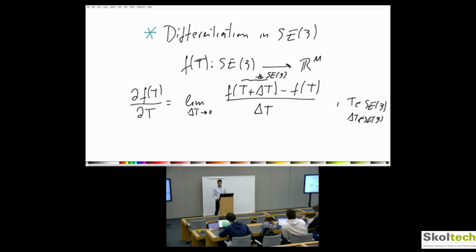What else? We have here subtraction of two functions. This is kind of okay. And then we have here this thing dividing. What is this thing? It's a matrix, so this also creates some problems.